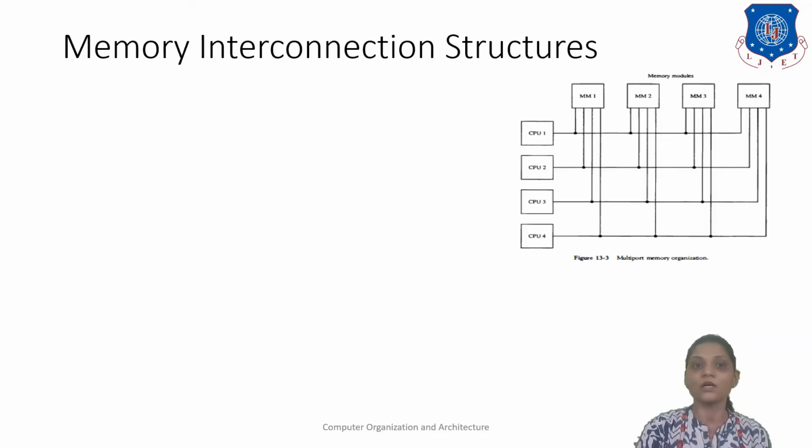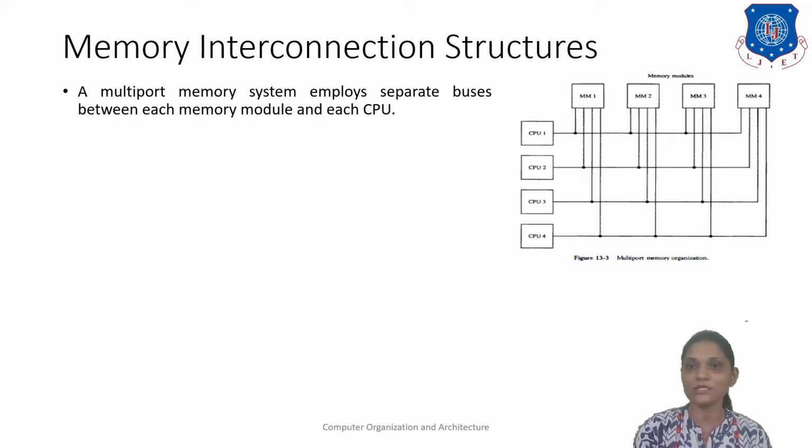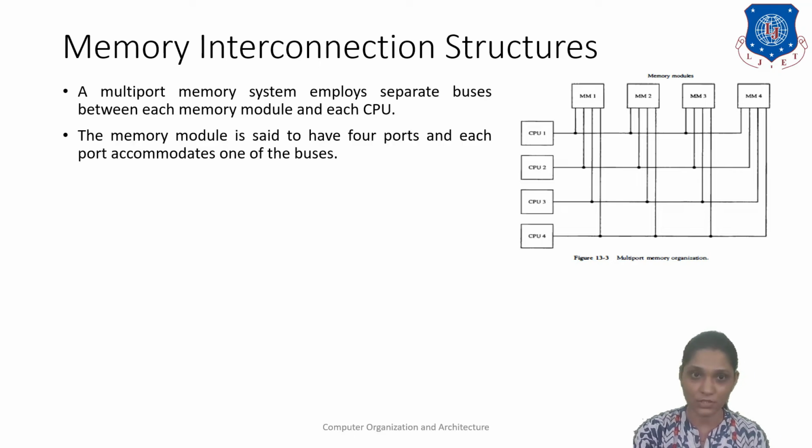So at a time only one central processing unit, whichever has the control, will communicate with the memory. Now the second interconnection structure we can name the memory interconnection structure. In that, the memory units are divided into modules known as memory modules. Here I have shown four memory modules and four CPUs. Each memory module is connected with each central processing unit.